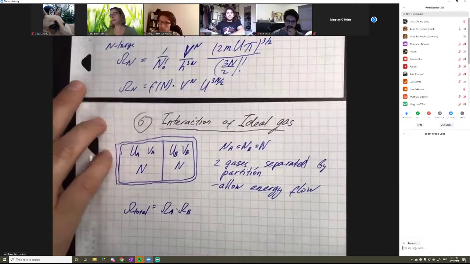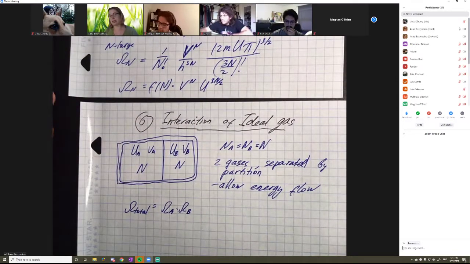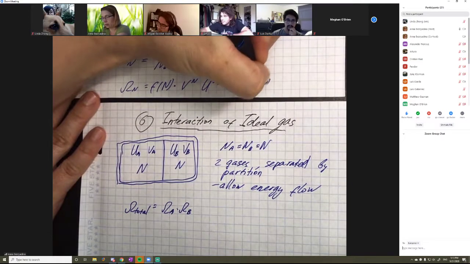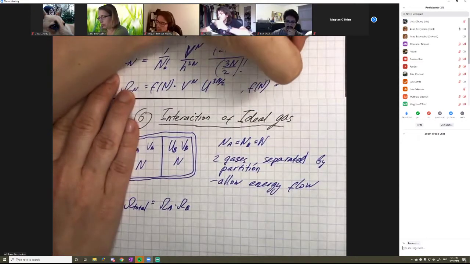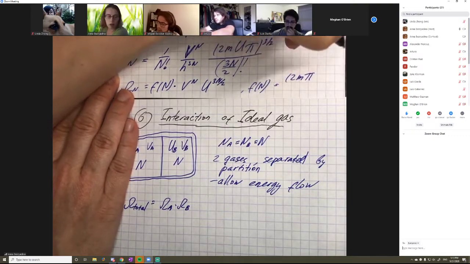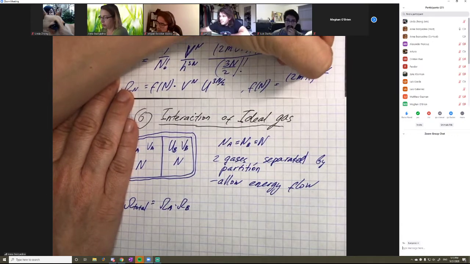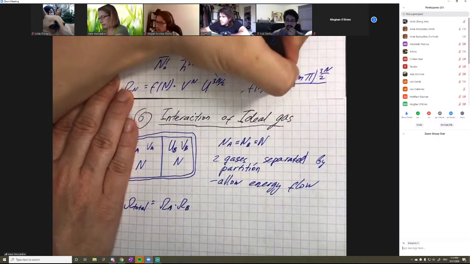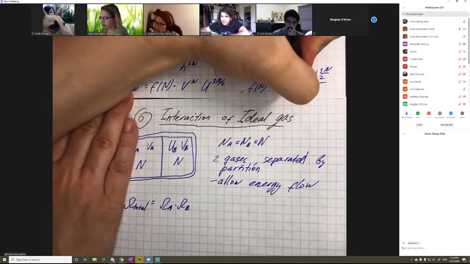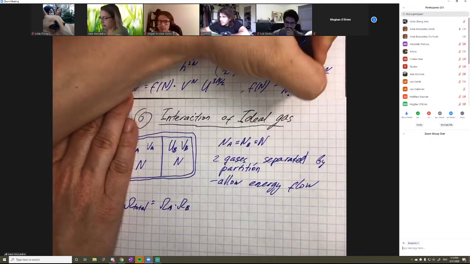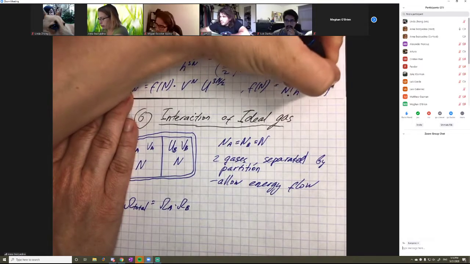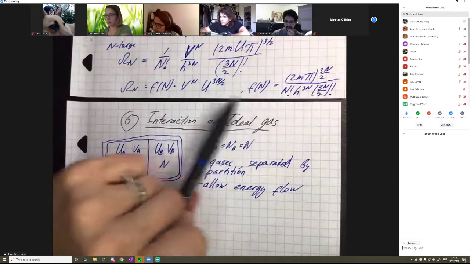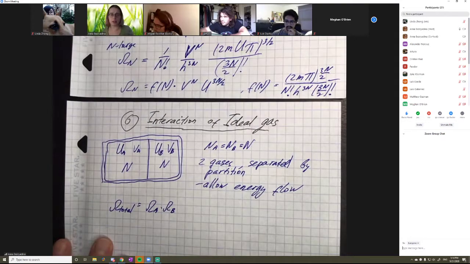Here f of N is equal to 2 m pi to the power of 3N over 2, divided by N factorial times h to the power of 3N, over 3N over 2 factorial.